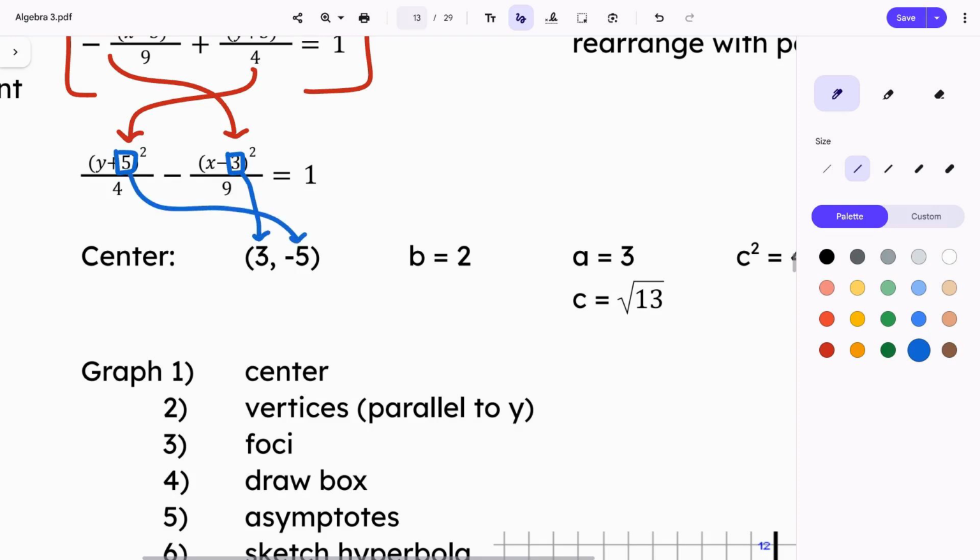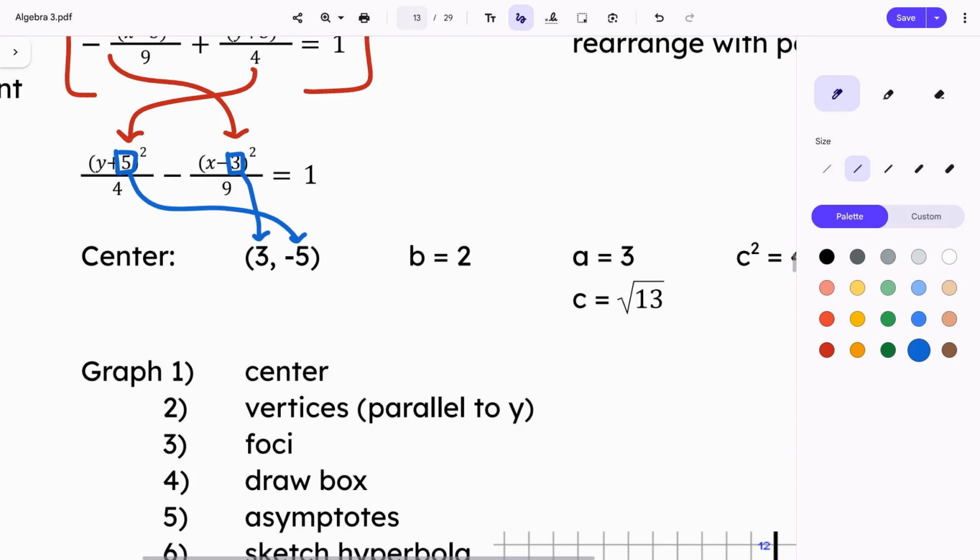Coordinates are not going to be affected by how those hyperbola equations are written. So the x always comes first and the y always comes second. Now, when my equation was written here, it's backwards. So it's really easy to make the mistake and just grab negative 5 and 3 and try to write your center like that. So make sure you're paying attention. Where's the x, where's the y? The x has to come first, then the y, but still changing their signs. We're still going to do that.